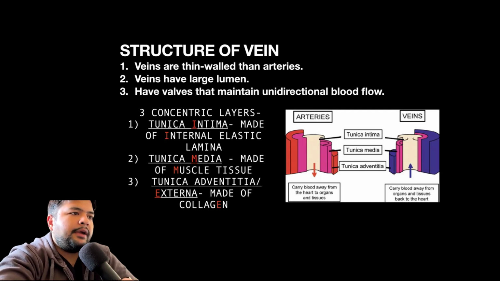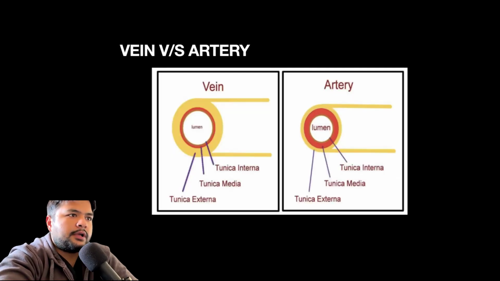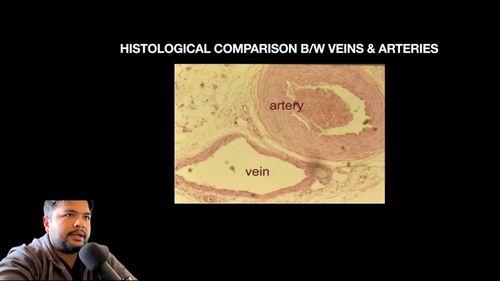Tunica media is made of muscle tissue, and tunica adventitia or externa is made of collagen. Comparing the structure of veins and arteries, we can see there is a thick tunica media in the artery, and the lumen is smaller in the artery as compared to the vein. In the histological comparison, we will see that the vein has a greater lumen as compared to an artery.